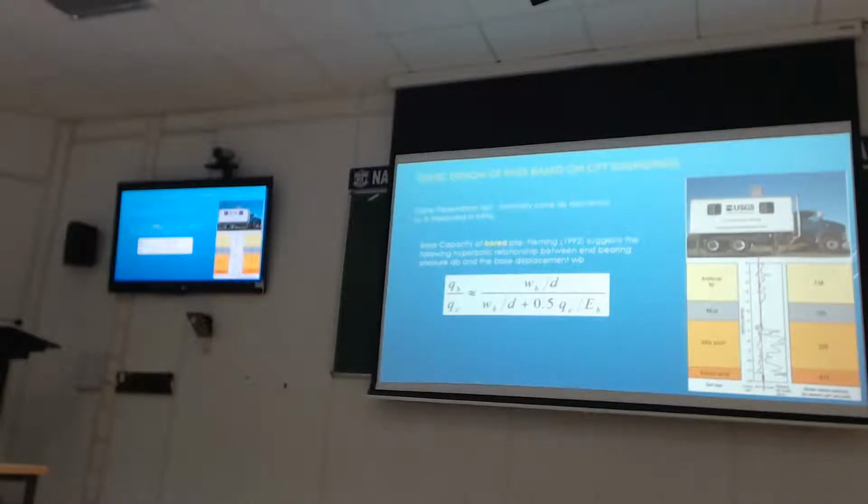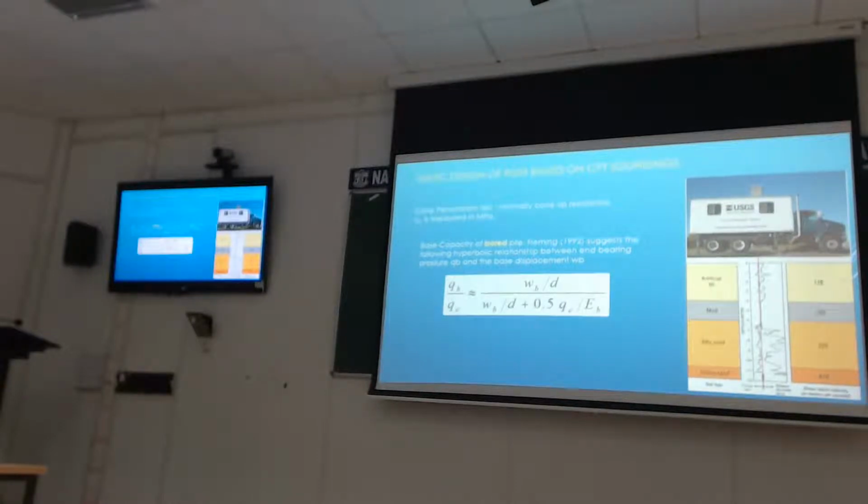And Fleming has done this based on this equation here. It's effectively a hyperbolic relationship between the end bearing pressure and the base displacement. So if I have the ratio of QB to QC, then that's approximately related to the displacements normalized to the diameter.